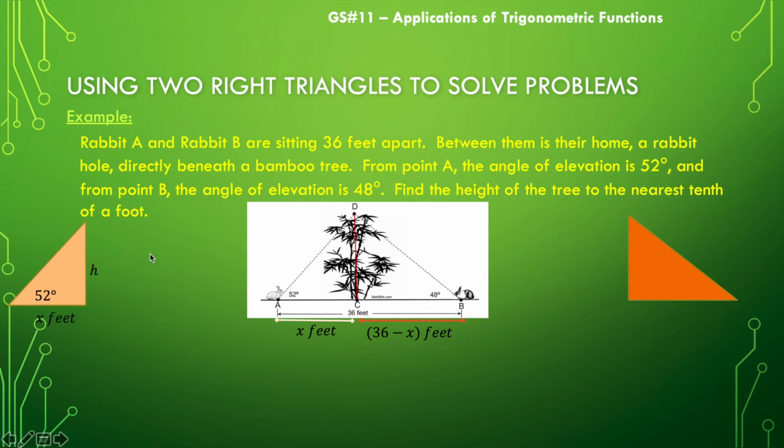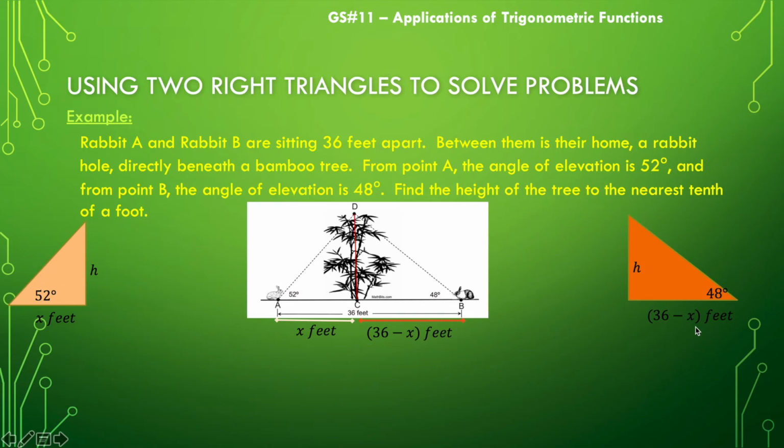So on that smaller triangle, we can say that that's x feet on the bottom leg, and the height is h over here. We can say on the larger triangle that the height is still that vertical leg, and the horizontal leg is going to be 36 minus x feet.